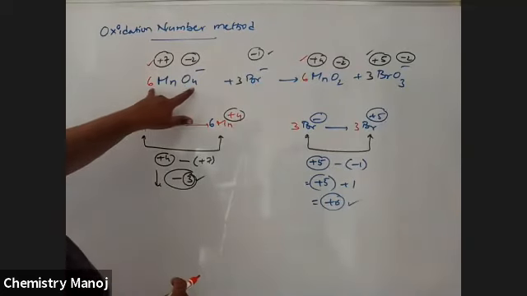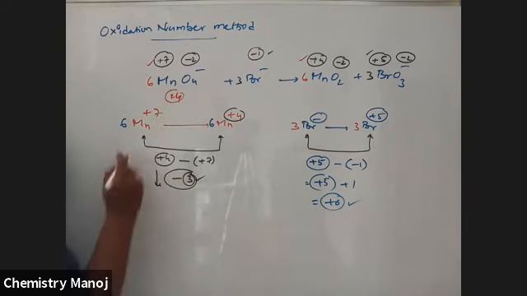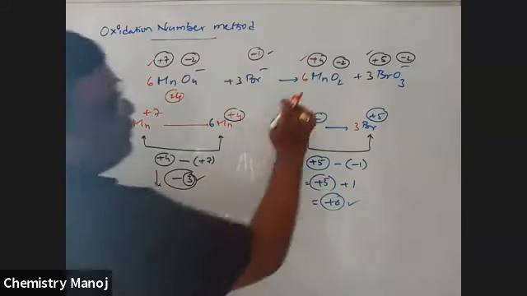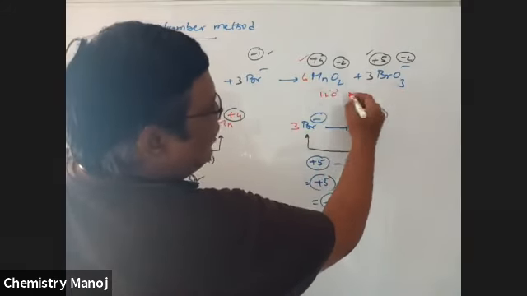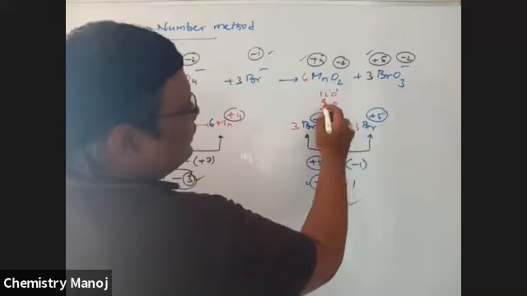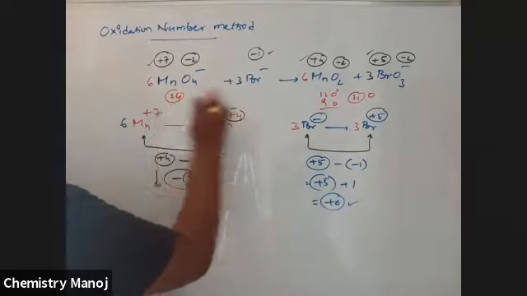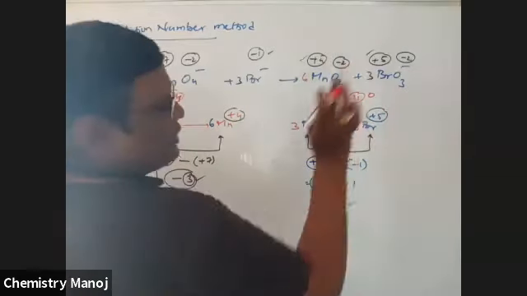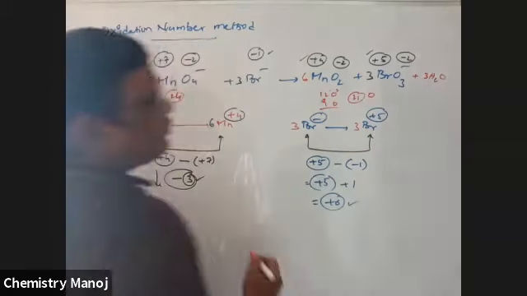Now 24 oxygens here. There, 12 oxygens and 9 oxygens. 12 plus 9 is 21 oxygens. Here 24 oxygens, there 21 oxygens. Here 3 oxygens are required, so for that purpose 3 water molecules are added.